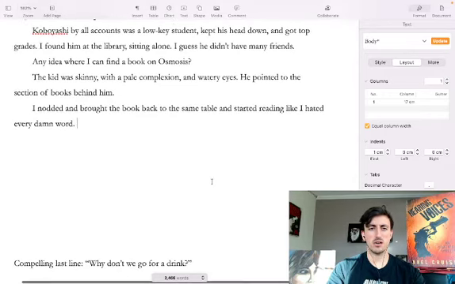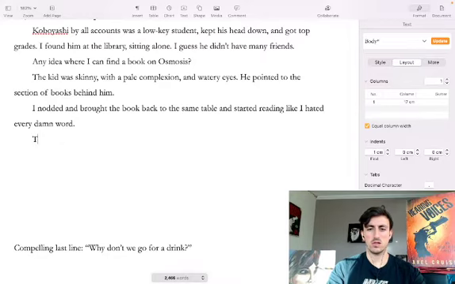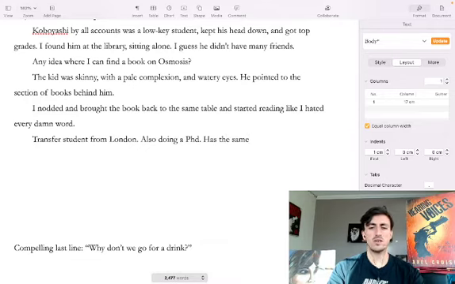Right, and then he's going to pass himself off as like a transfer student, right? Transfer student from London, you know, also doing a PhD. Maybe they have the same examiner. Who are the people that PhD students have to do their presentation in front of? Has the same professors, right?